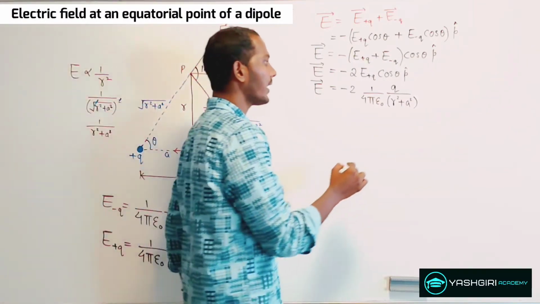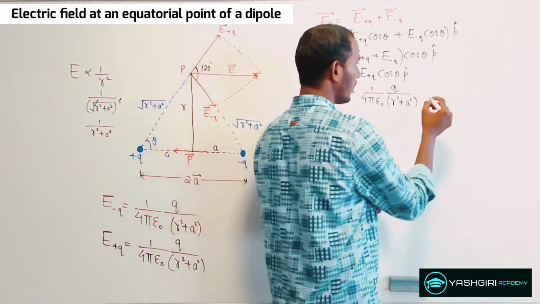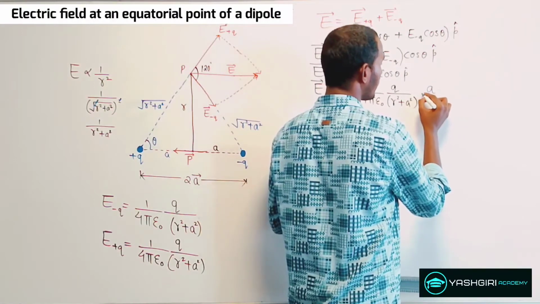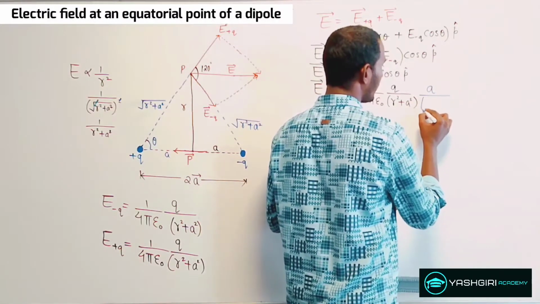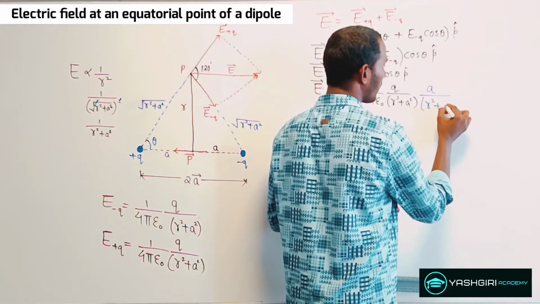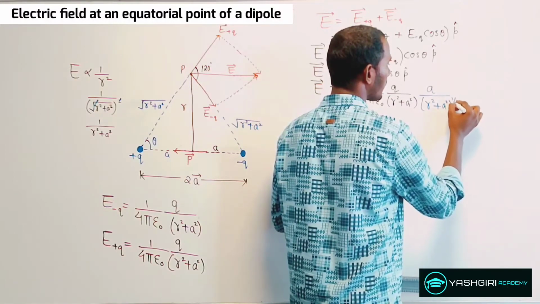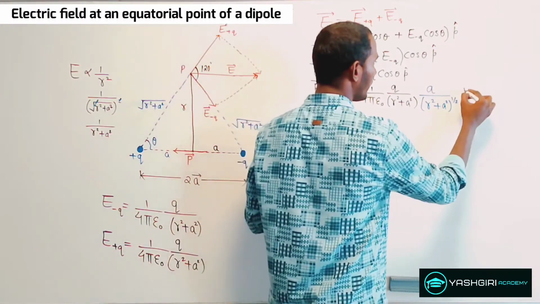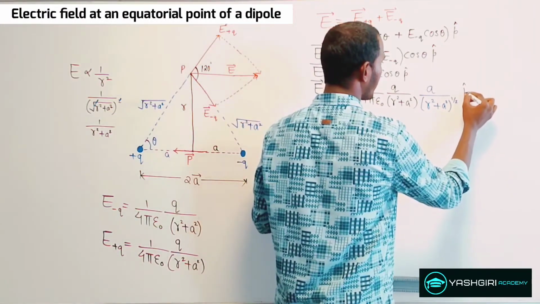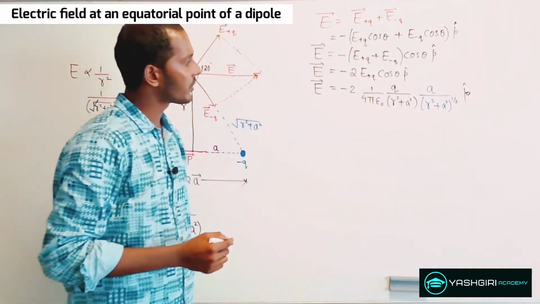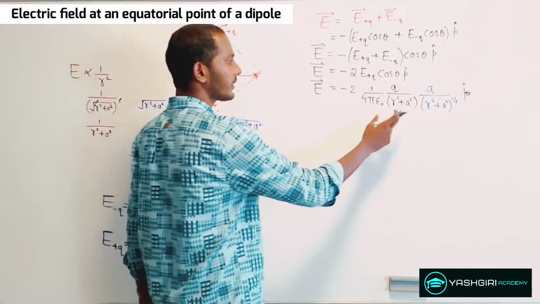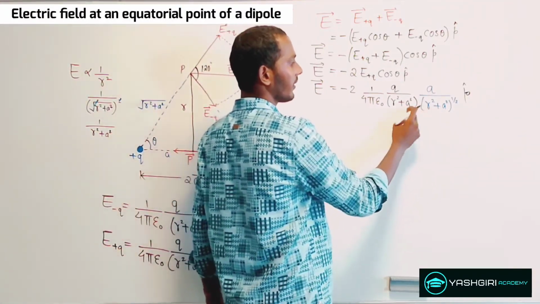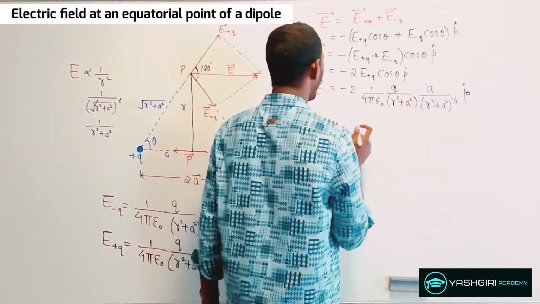So I can just write the cos theta over here as equal to adjacent upon the hypotenuse side, that is A upon R square plus A square raised to the half, into P cap. So that will be the unit vector, that's the direction. All right, so here again, if you multiply this, the powers will add up.